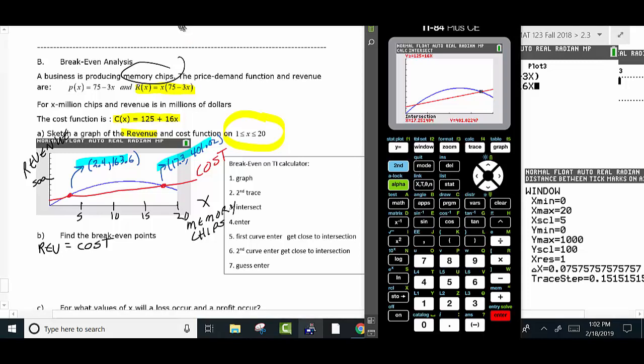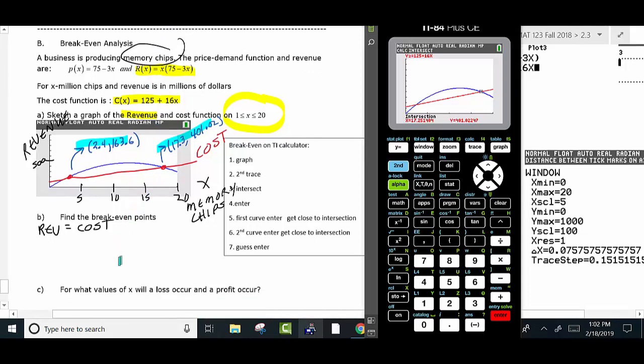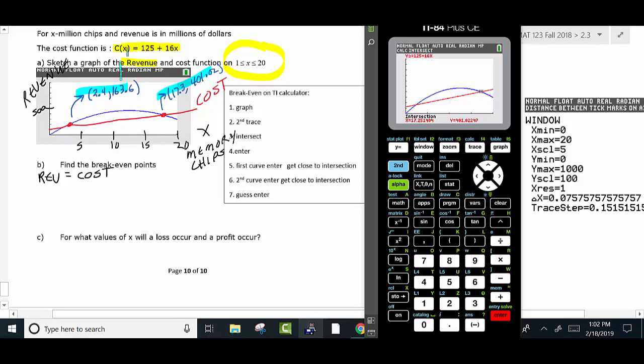So what would happen is this. What I want you to do on your graph is just write a note to yourself like this. The part right there that I shaded, that would be where your profit is. And the parts that I'm going to highlight in blue, that would be where your losses occur.